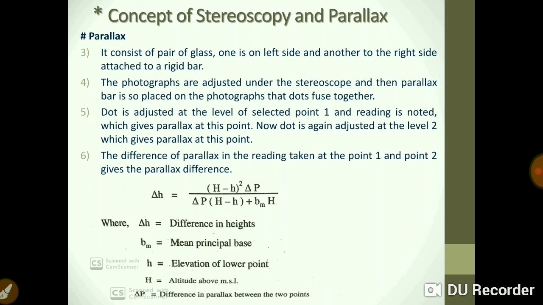Delta P is the difference in parallax we just found. By putting in these values we can find the value of delta H, the difference in heights. So this is the procedure of finding the height of any object in aerial photographs by using a stereoscope and parallax bar.